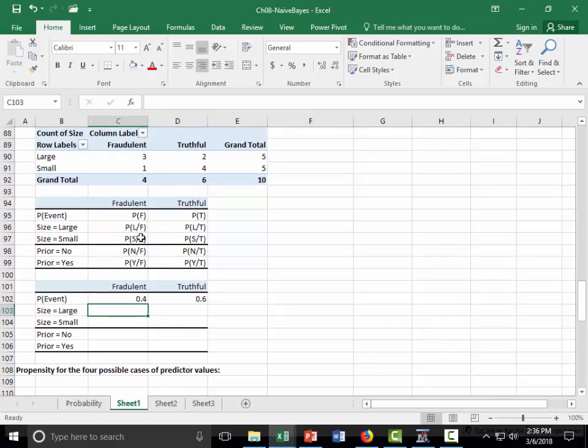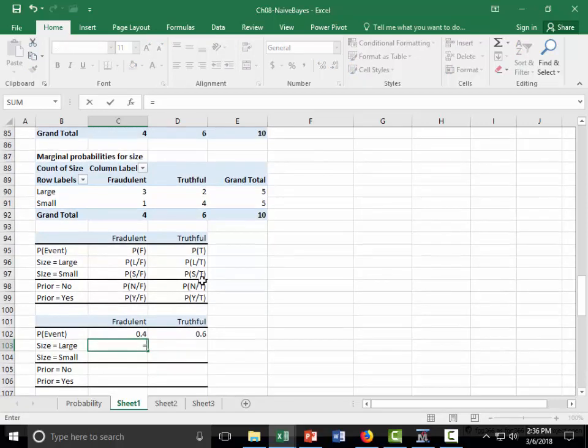Okay. So now L given F. Okay. So now it is large or small, right? So that's this table. L given F will be that divided by that, C90 over C90.